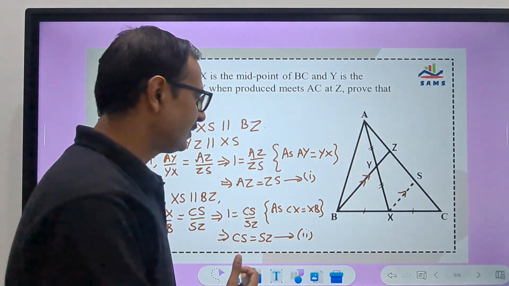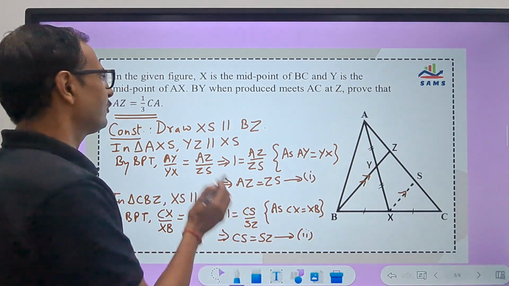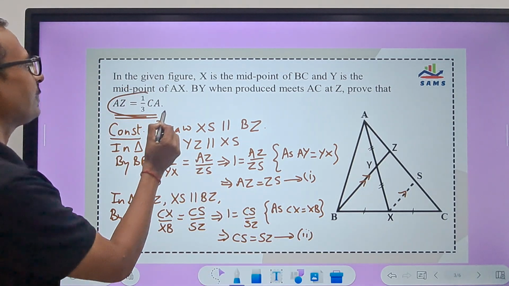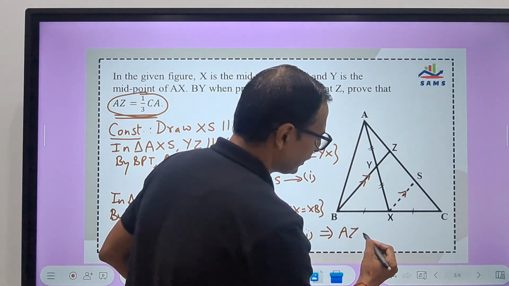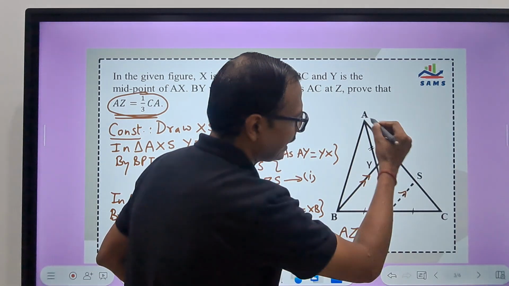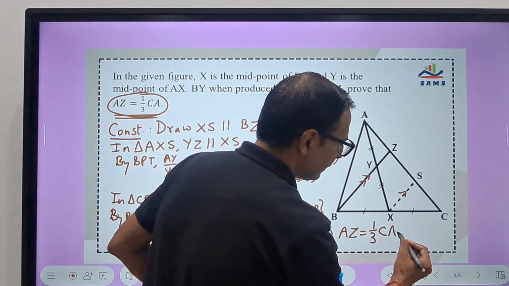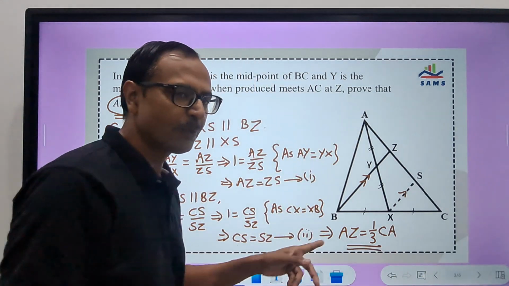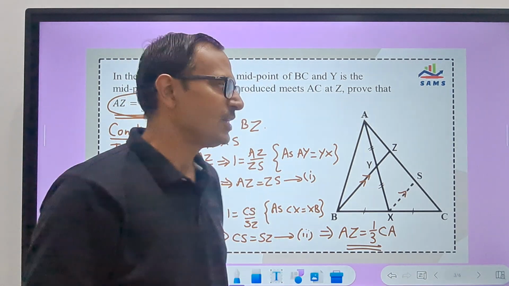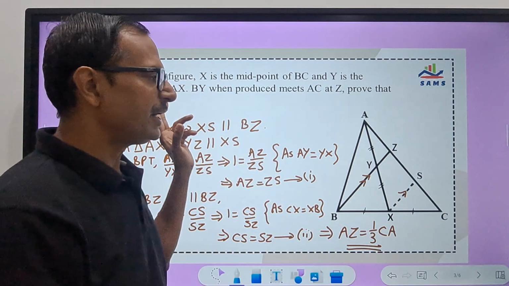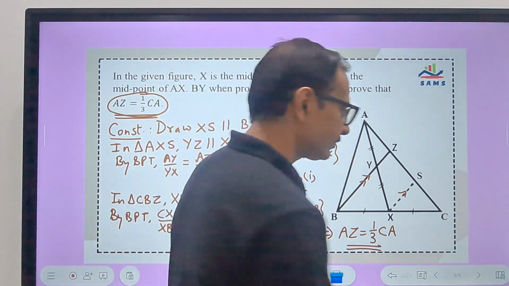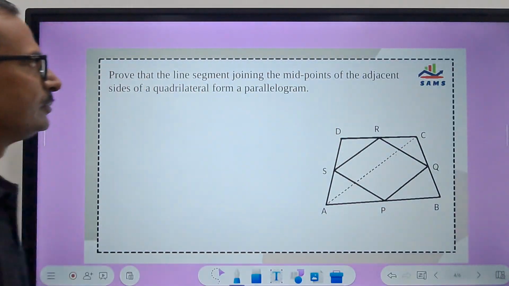You need to write that, and therefore we can say that one of the parts AZ will be 1/3 of the complete line, that is CA, and that completes our proof for the question. So you can see how the BPT helps us in getting to the proof of such questions. Let's see this one now.